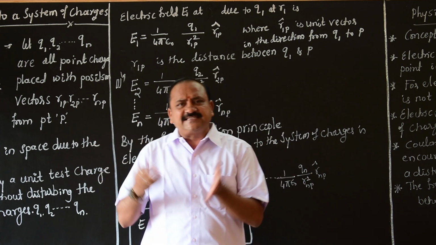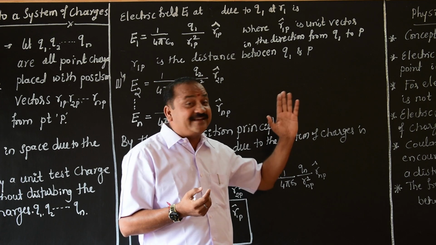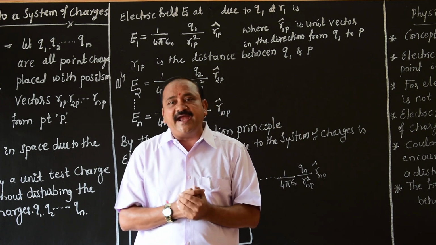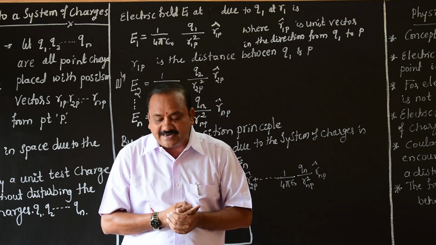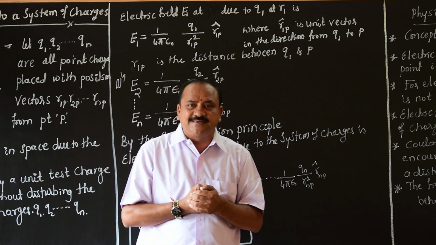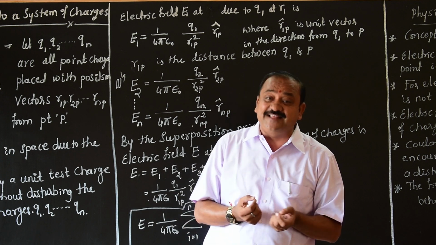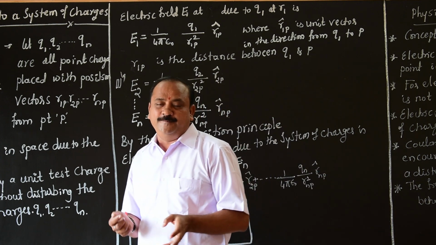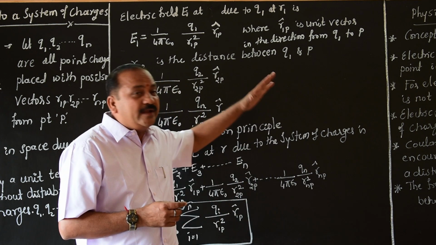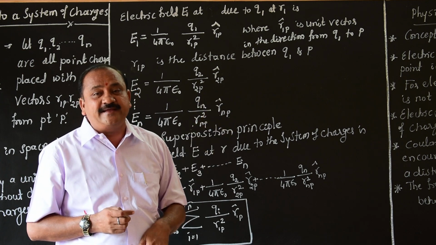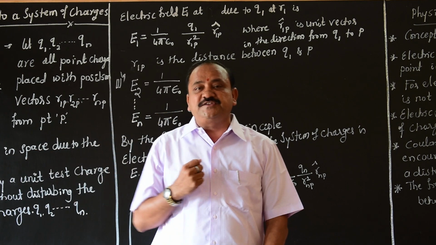All of these are the same thing, denoted by the letter E. As usual, you know that it is the force experienced by a unit positive charge. So that is the electric field strength, after knowing the concept and these derivations.